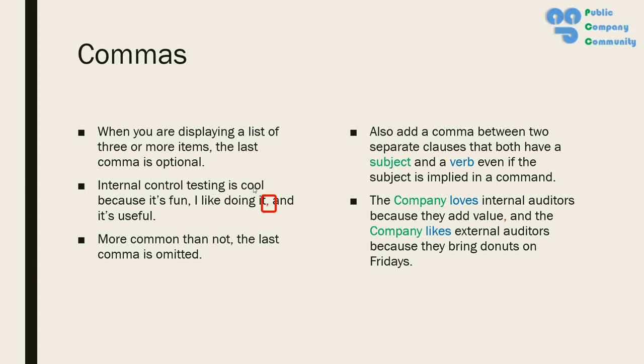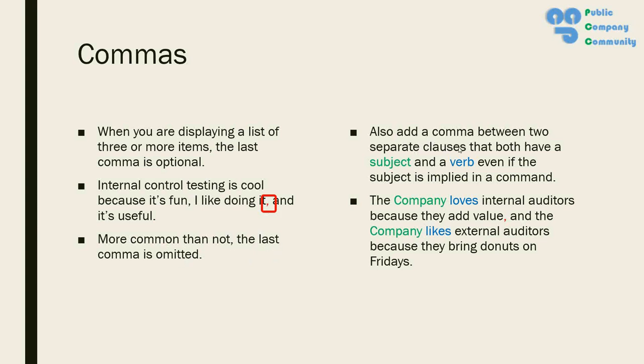Internal control testing is cool because it's fun, number 1, I like doing it, number 2, and it's useful, number 3. That comma there between the "it" and the "and" is optional. It doesn't matter which way you do it, whether you want to add that comma or not. Whichever way you pick though, you can guess I'm going to say you need to be consistent. Now, more common than not, that last comma is omitted.